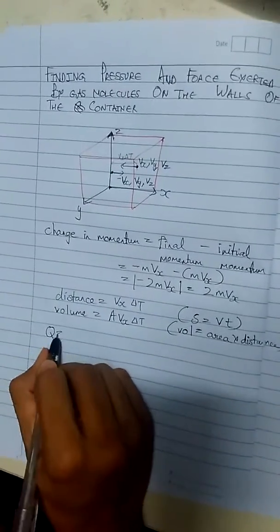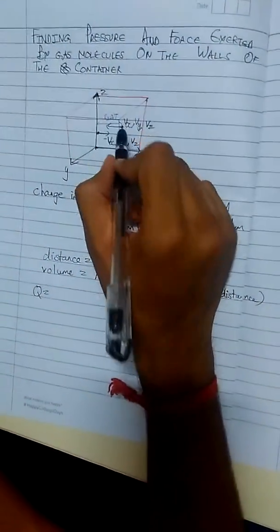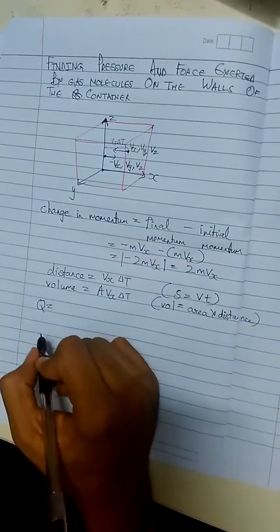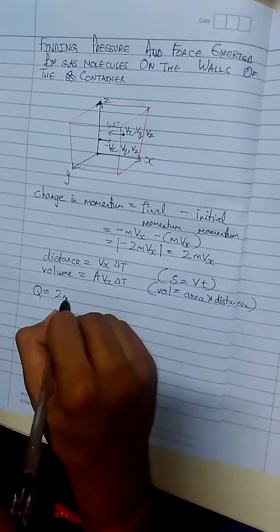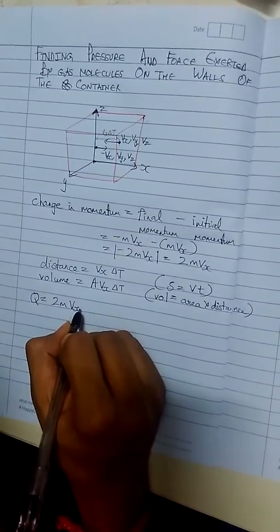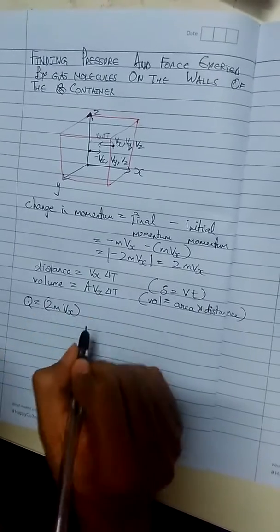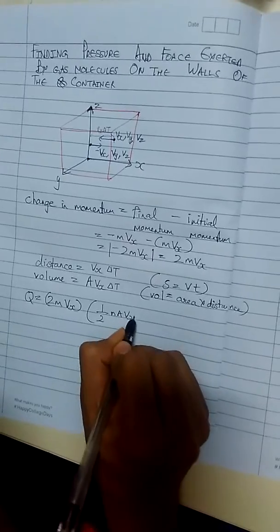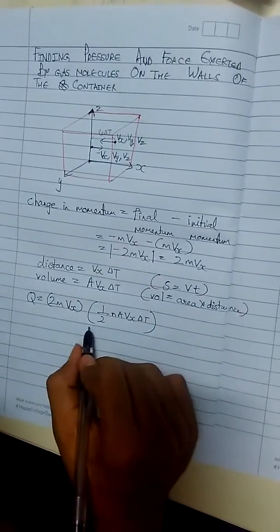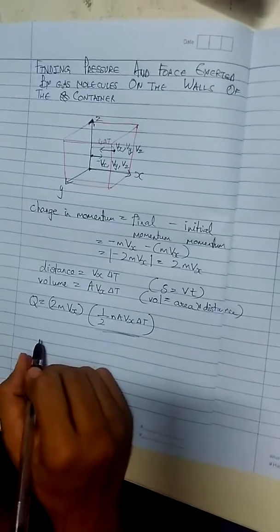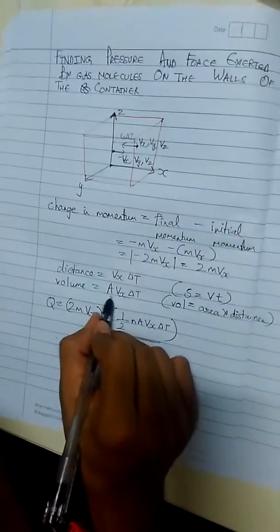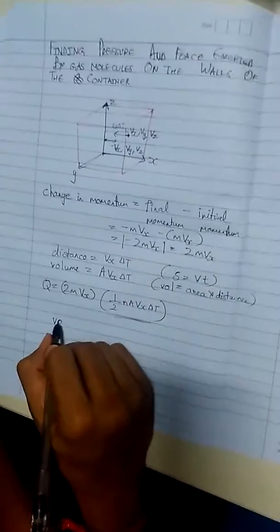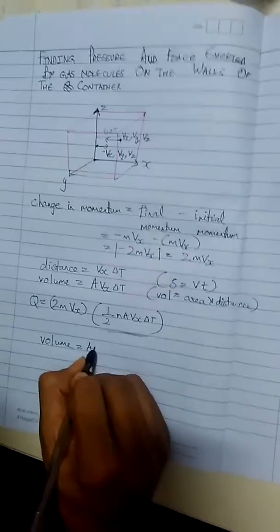The total momentum exerted by the molecules can be calculated by Q, which is the change in momentum into half n A vx delta t. We get this half n A vx delta t from the equation of volume: volume is equal to A vx delta t.